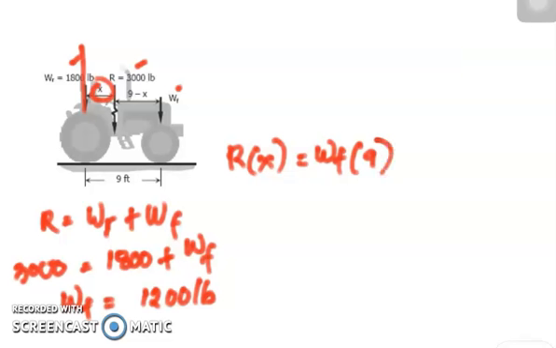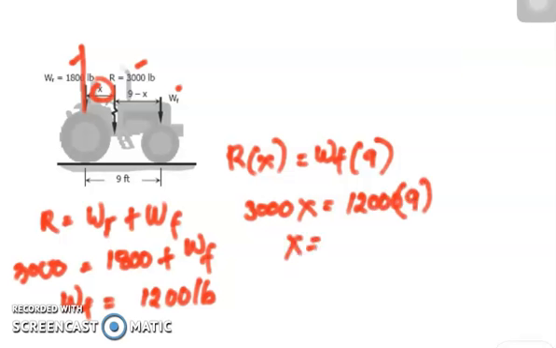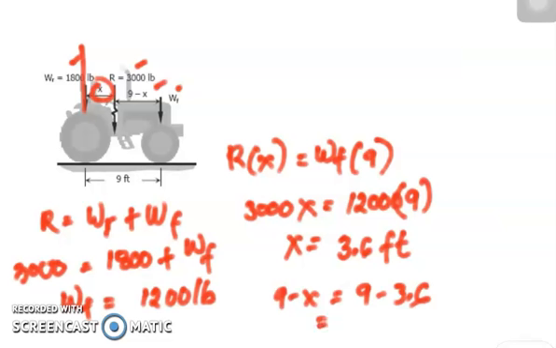So R is given, 3,000 times x is equal to 1,200 times 9. So x here is equal to 3.6 feet. Therefore, 9 minus x is equal to 9 minus 3.6, which will give us 5.4 feet.